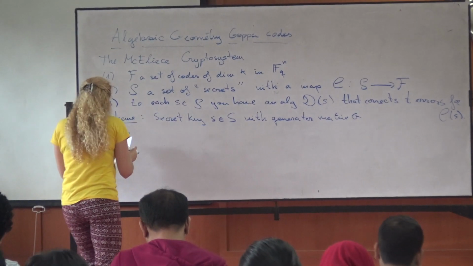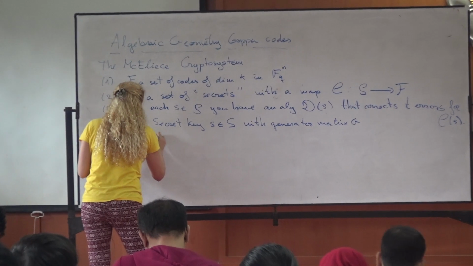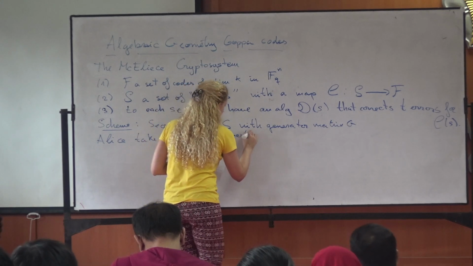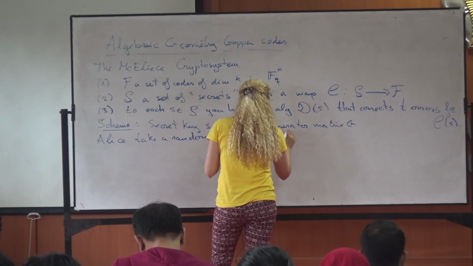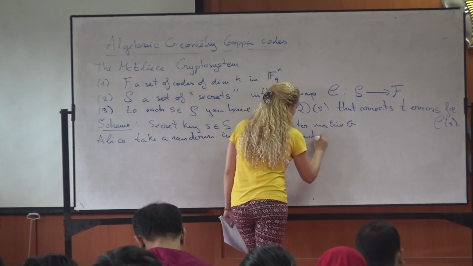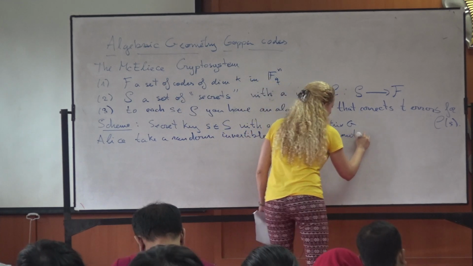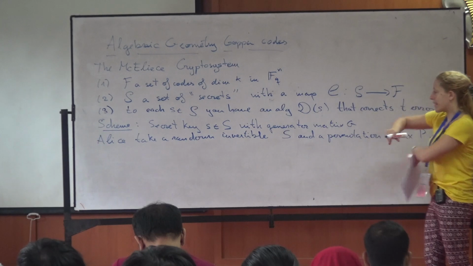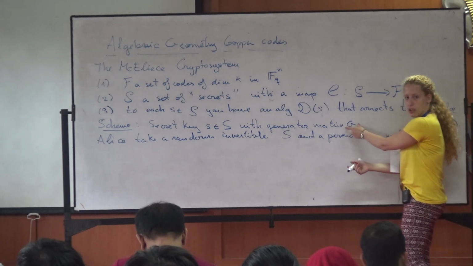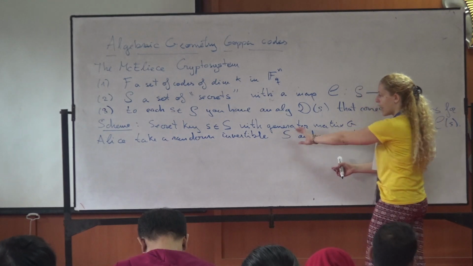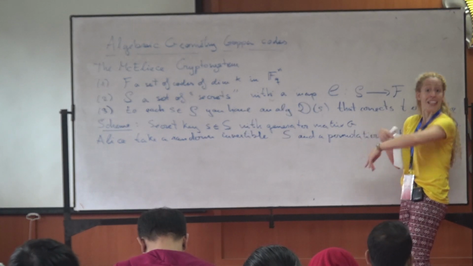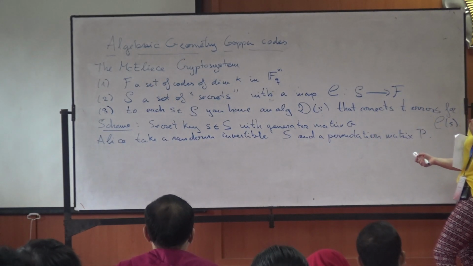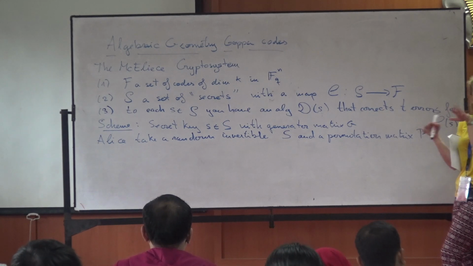So Alice takes a random invertible matrix S and a permutation matrix P. Basically, what Alice is going to do with the generator matrix is first modify it with an invertible matrix. This is like taking a different basis for the same code. And then a permutation matrix is going to switch the columns. So it's like you hide everything.